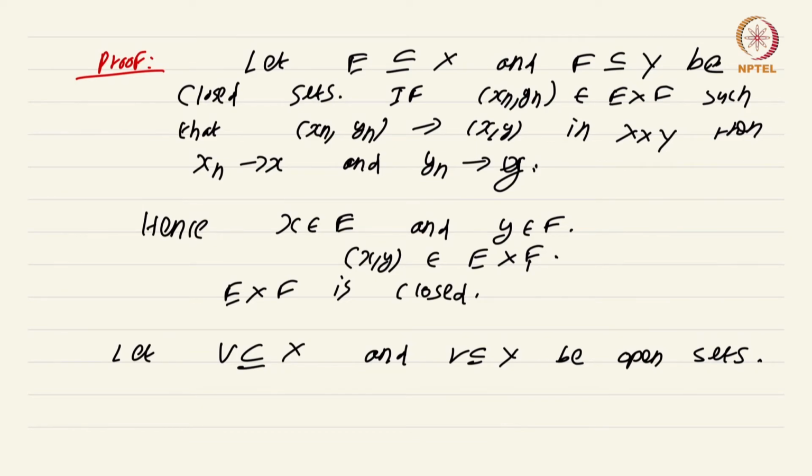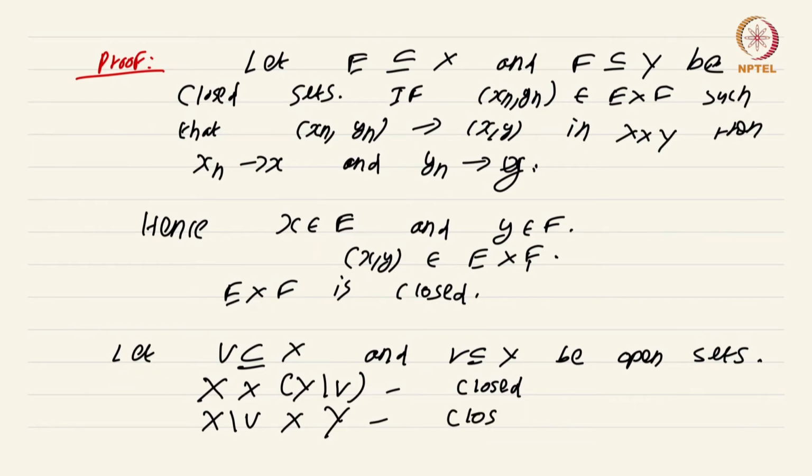Now, X itself is a closed set. You can take X cross (Y set minus V). Now, V is an open set, therefore Y set minus V is a closed set. So this is closed. In an entirely similar way, we have (X set minus U) cross Y is closed. Both these sets are closed.